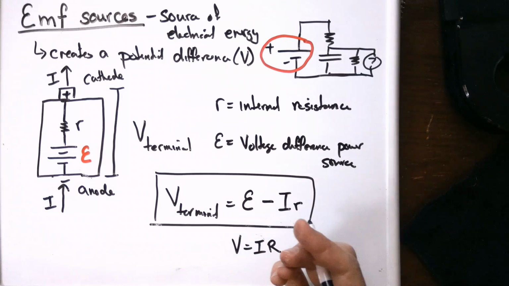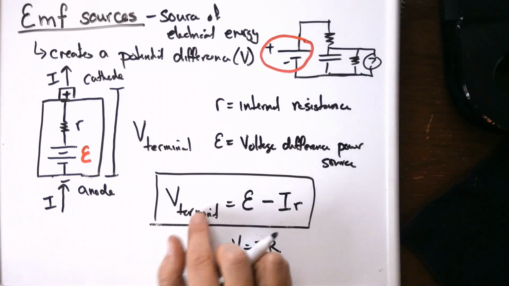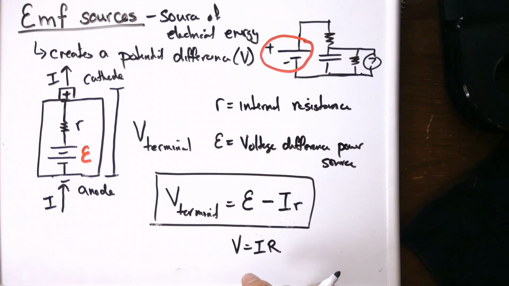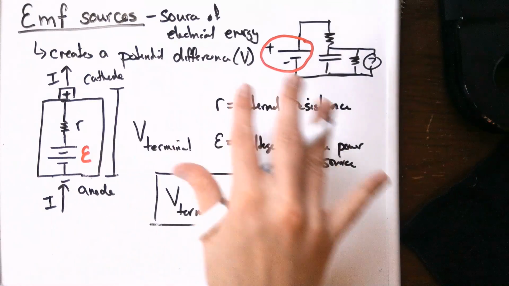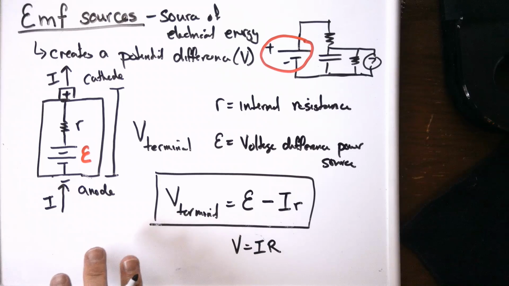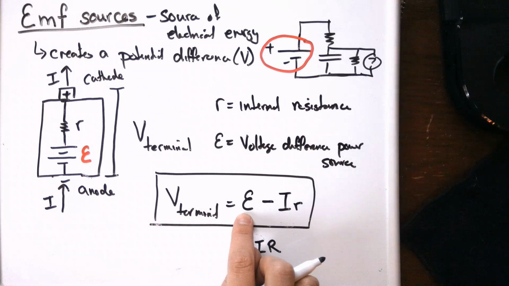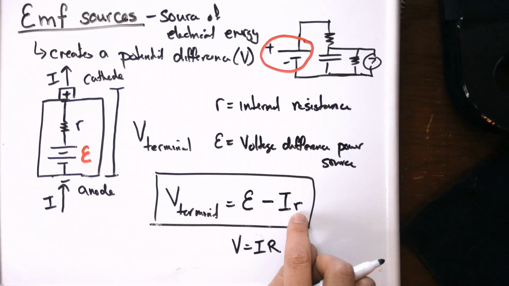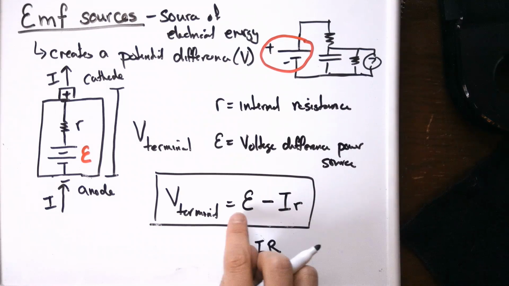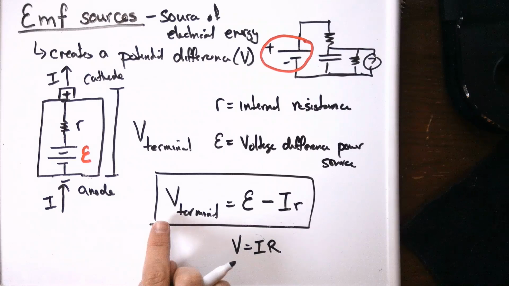That is why eventually batteries poop out and they just can't provide enough juice to run your circuit. But this is what is going on inside any battery. You've got something that creates the potential difference. You've got a little bit of internal resistance inside your battery, which subtracts off a little bit of that juice, and whatever you've got left over, that's your terminal voltage.